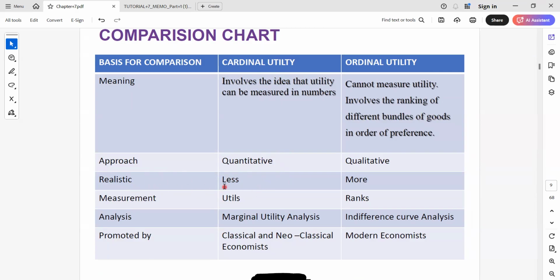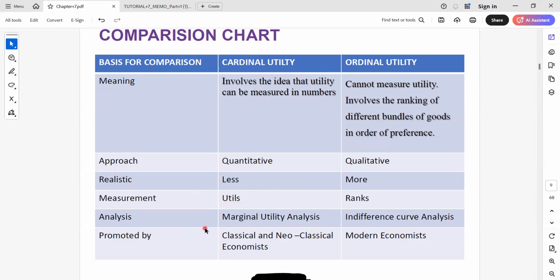Remember from the previous slide, I said this concept of measuring utility is subjective and not objective, because there is no yardstick you can use to measure utility. So it is less realistic because it is subjective. And then the measurements are utiles. So these numbers that we use to measure our utility are called utiles.